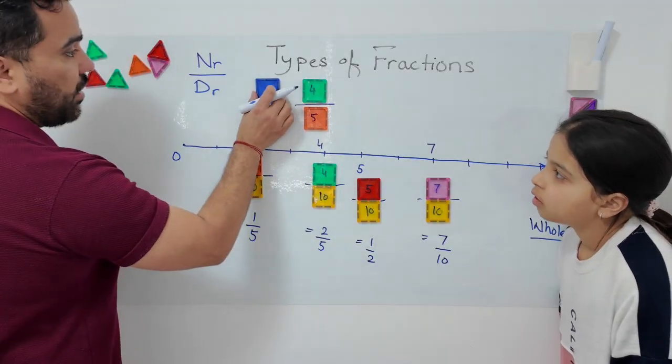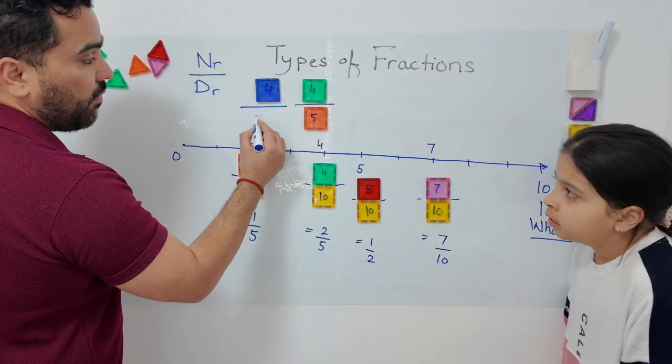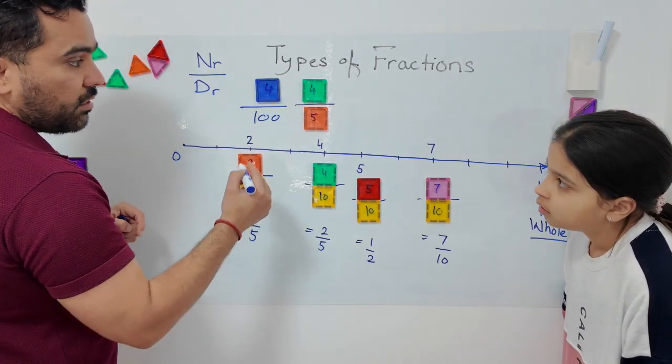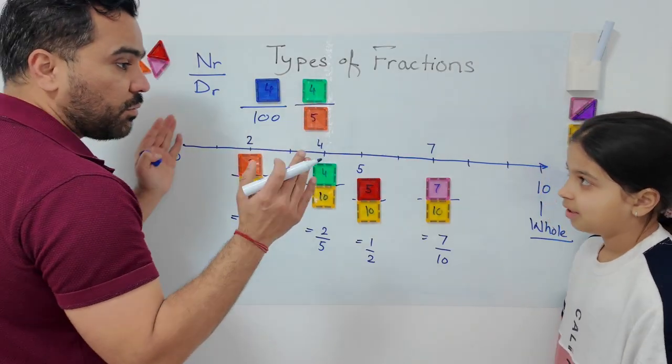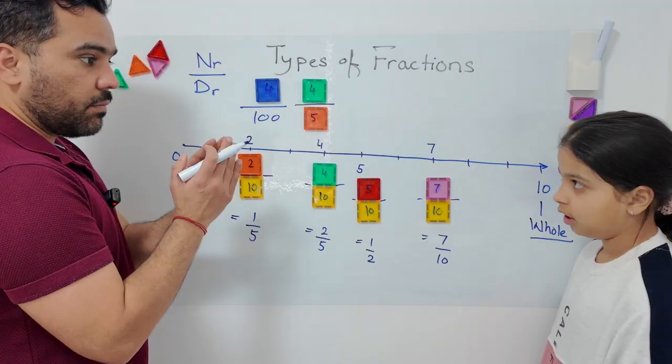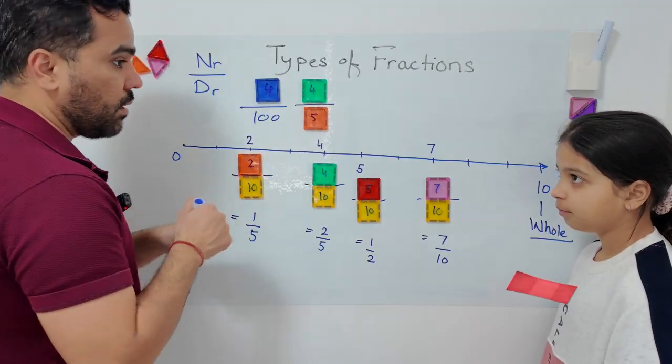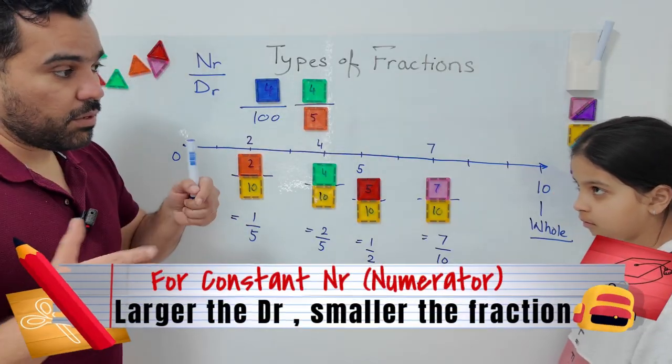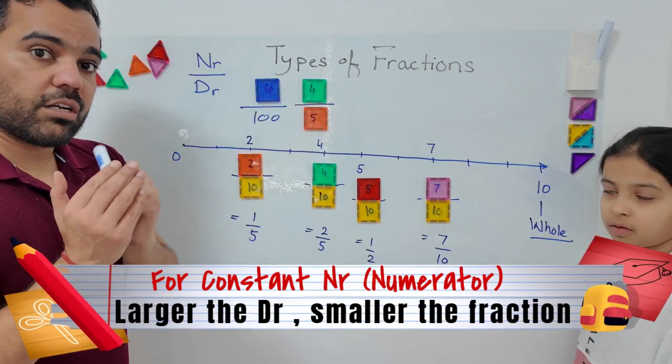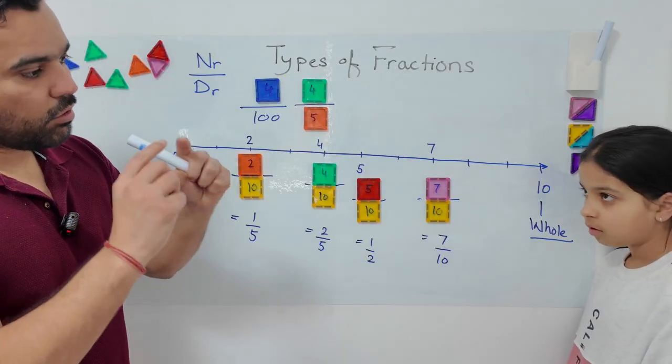If I do the same thing, the numerator is still the same, but I'm dividing it into 100 pieces, so the fraction is 4/100. So it's becoming smaller and smaller the larger the denominator becomes. If the numerator is a constant, the larger the denominator, the smaller the quantity.